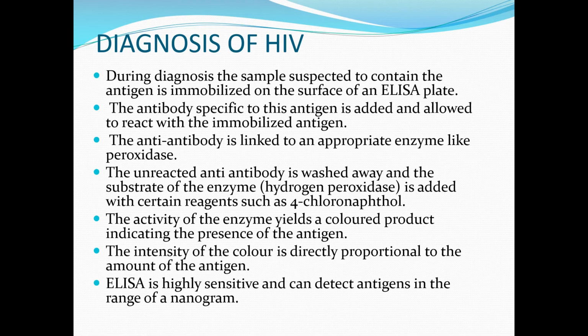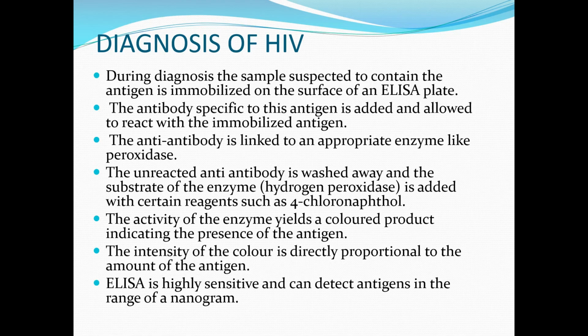The antibody is linked to the appropriate enzyme like peroxidase. The unreacted antibodies will be washed away and the substrate of the enzyme, that is hydrogen peroxide, is added to it along with certain reagents such as chloronaphthol.